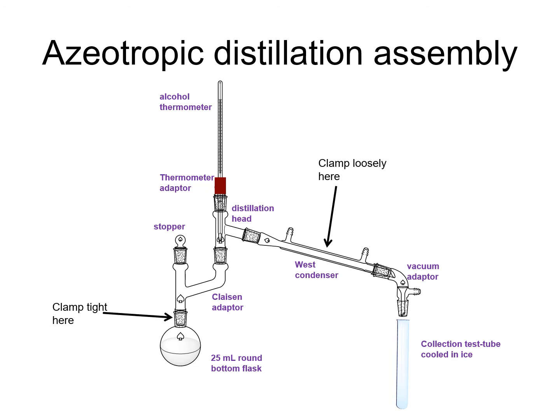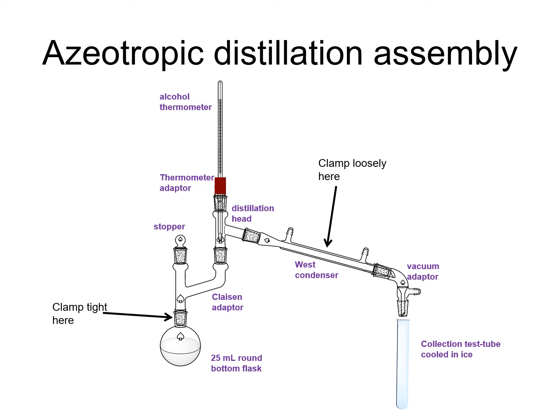The initial vertical tube is stoppered, forcing the vapor to go up that tube, and that tiny little amount of room temperature glassware is enough to allow your heavier materials to condense back out and fall back into the round bottom flask to reflux and be boiled again, while the lighter vapor is going to continue up the tube into the distillation head where the thermometer is located, and then that's going to be pushed down into the West condenser where you're going to have water flowing.